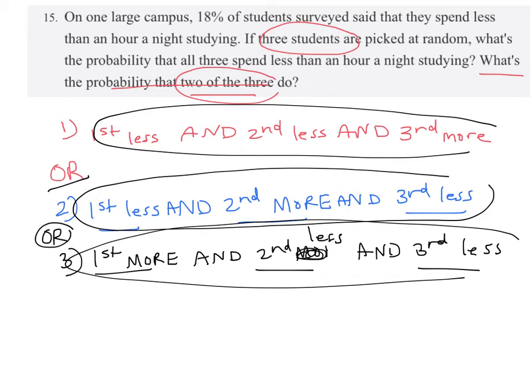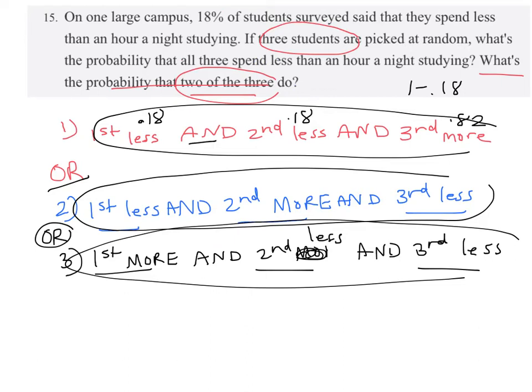The probability that the first is less up here is 0.18. The probability that the second is less is 0.18. Now the complement of 0.18 would be you subtract it from 1. So 1 minus 0.18 is going to give you 0.82. So the probability that a student spends more than an hour studying is going to be an 82% chance.